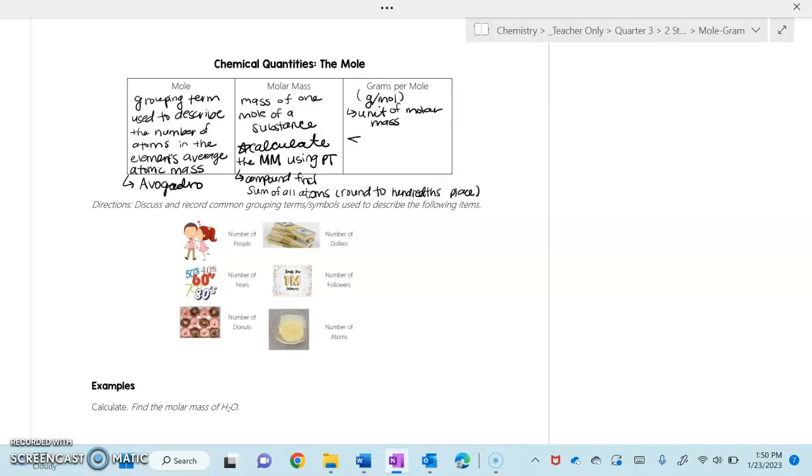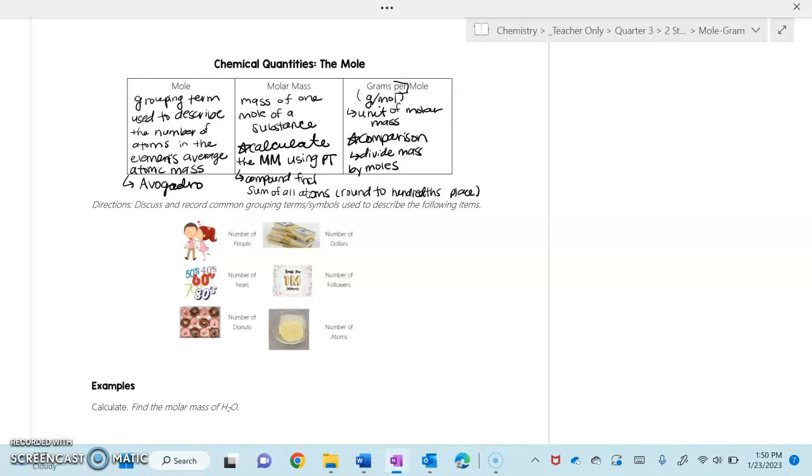So we can do comparisons using this unit by dividing mass by moles and then compare it to the calculated value using a periodic table.